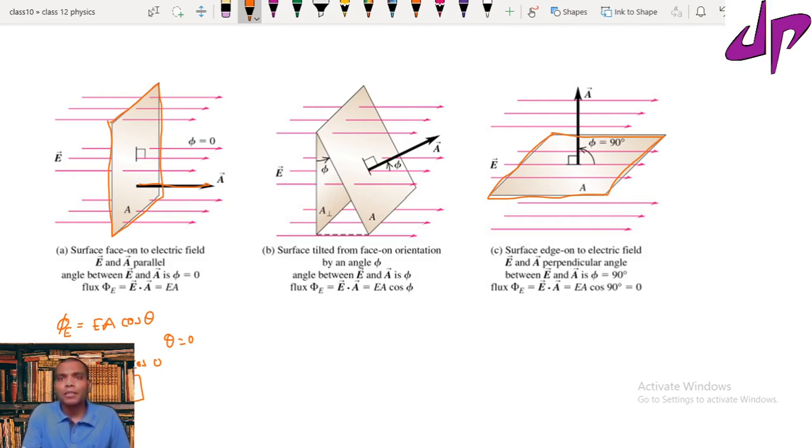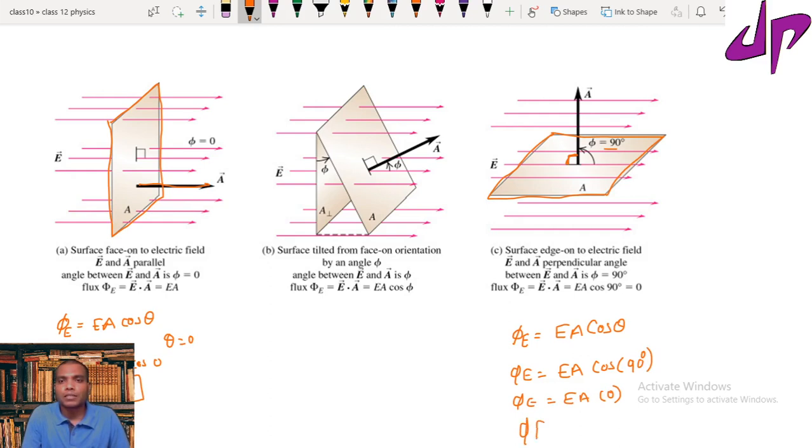What is the angle between them? The angle between the area vector and the electric field vector here goes to 90 degrees. Now in this case, what is the flux? You can apply the same formula, electric flux φE equals E times A cos theta. So φE equals EA cos, here the angle goes to 90 degrees, cos 90 value is 0.